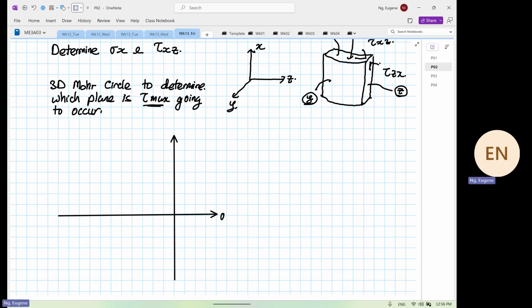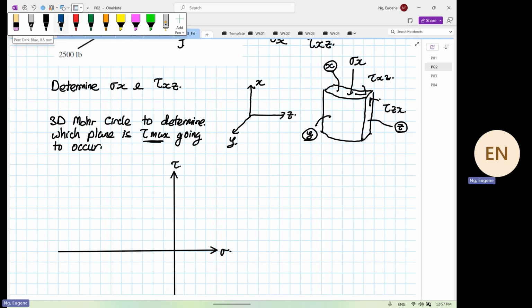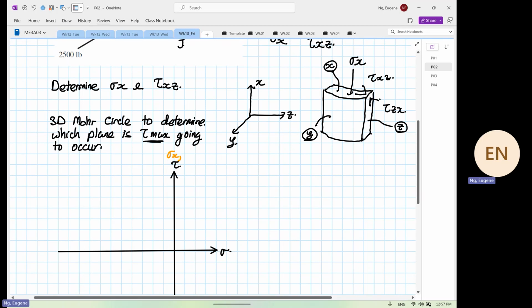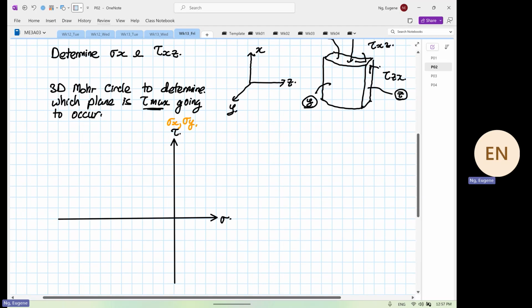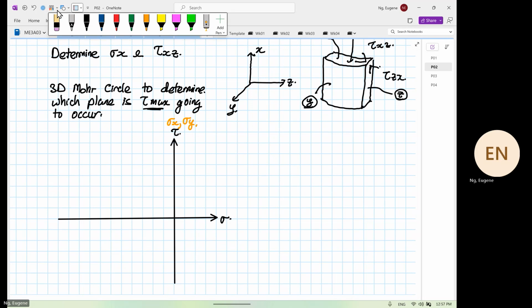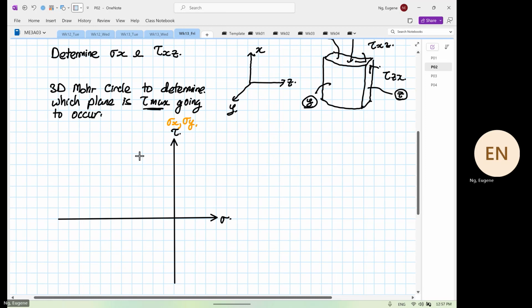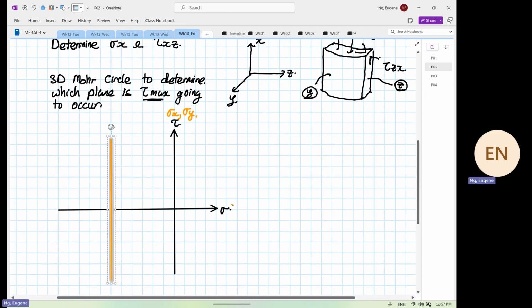So this is our normal stress. This is our shear stress. And we are aware that our stress X and our stress Y are on this line. And then we have a stress Z.